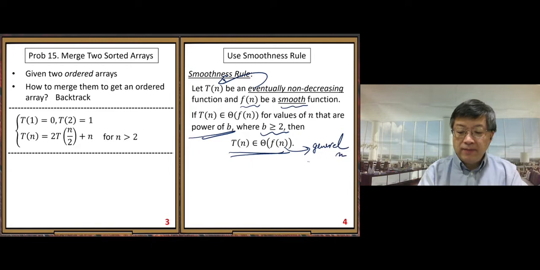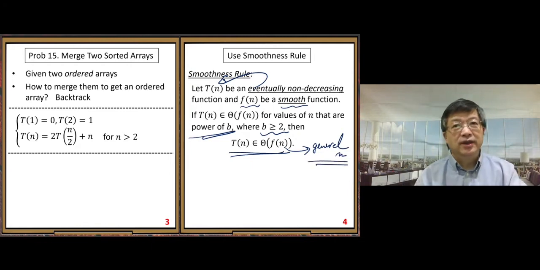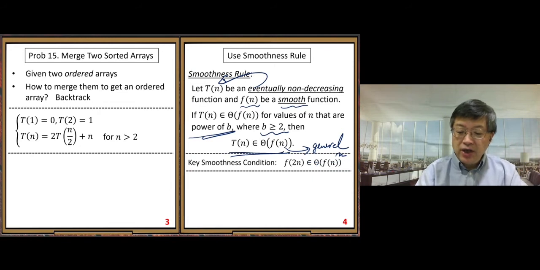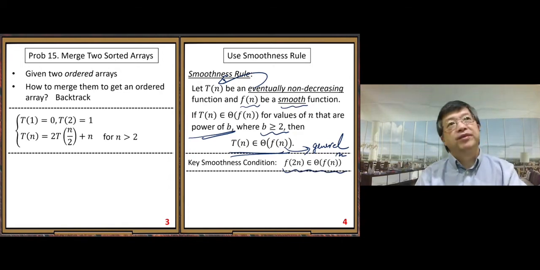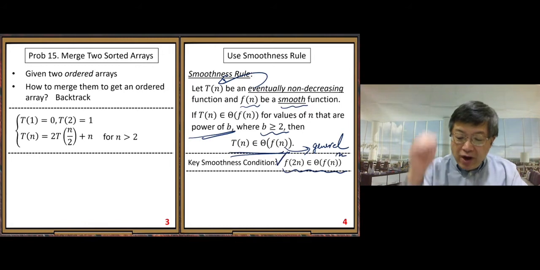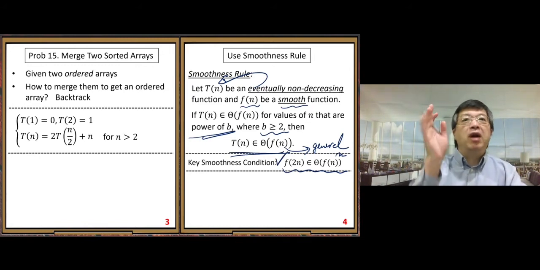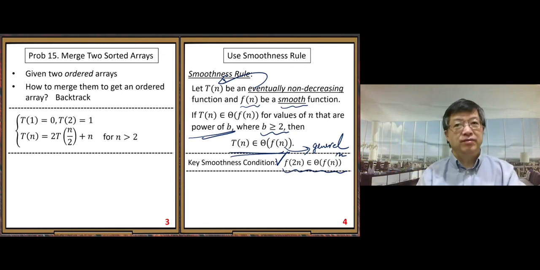That's what we need. But the key is the smoothness condition, f of 2n belongs to big theta of f of n. We need to verify this condition. If it is true, then we can apply the smoothness rule.